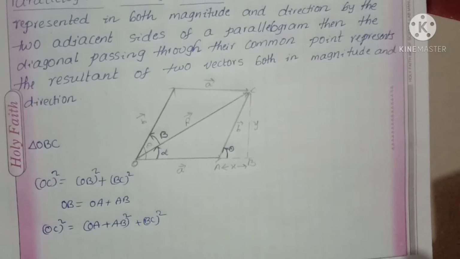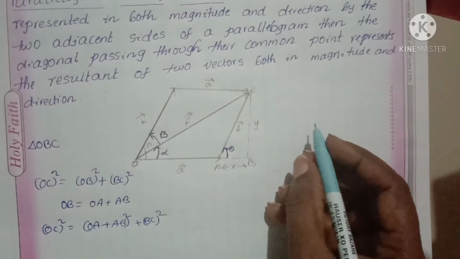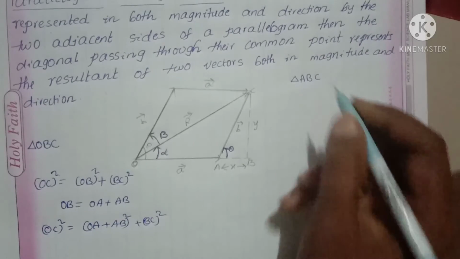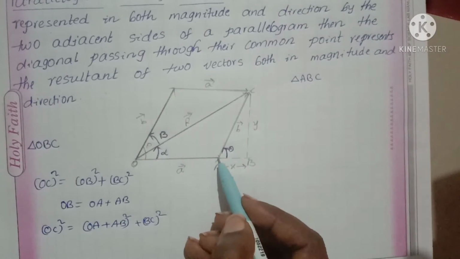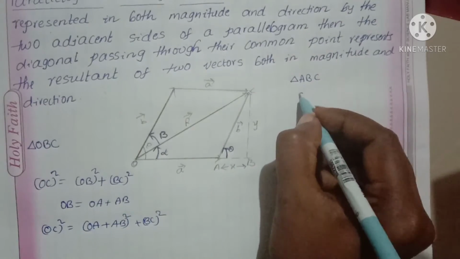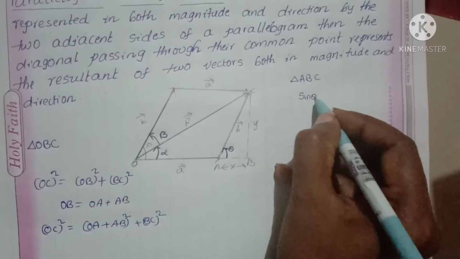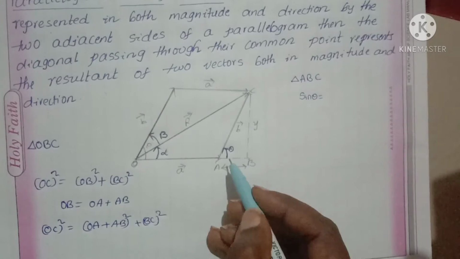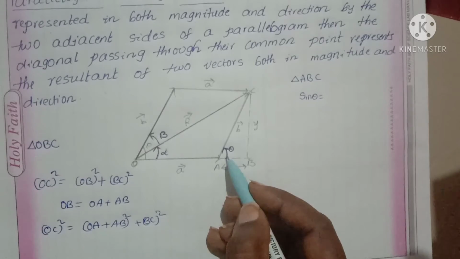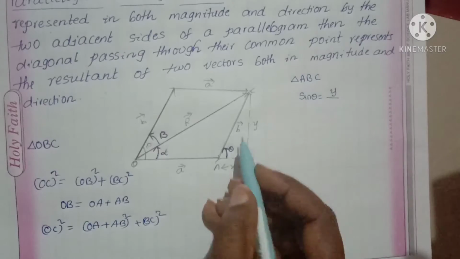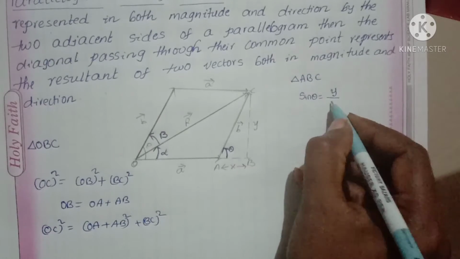Next we can see triangle ABC. So where is A, B, C? Here theta is there, no? So now we can write the sine theta formula. Sine theta is opposite side by hypotenuse. For this, y is the opposite side and b is the hypotenuse.